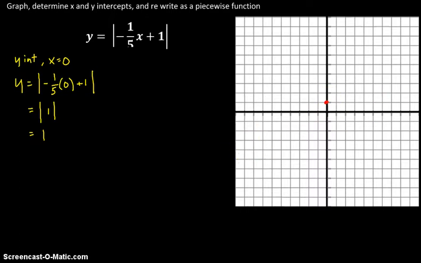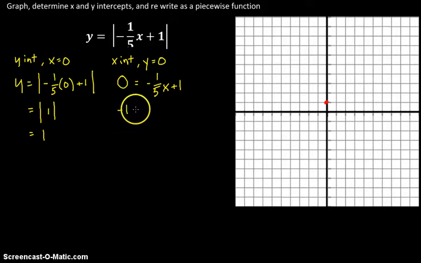Now, next question. What is the x-intercept? If I do the x-intercept, I am looking at y equaling 0. And in this case, I have dropped the absolute value function. So you have to remember how to do this. You have to remember that if it's a y-intercept, you keep the absolute value function, and if it's an x-intercept, you drop it. So 0 equals 1/5 x plus 1. Now if I do this, I'm going to bring over 1.